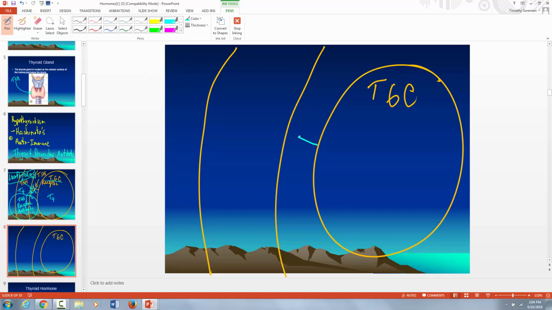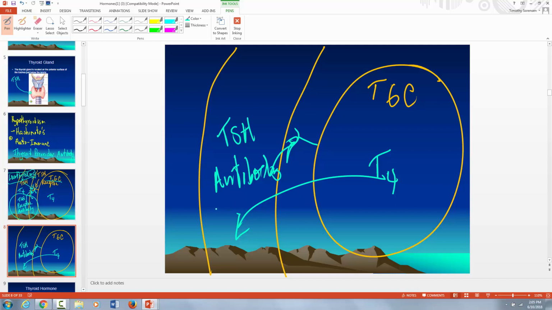And the reason for that is, remember that you have T4 sitting in a thyroid gland cell. So when these TSH antibodies destroy the receptor, it can also destroy the cell and result in a dumping of T4 into the blood.